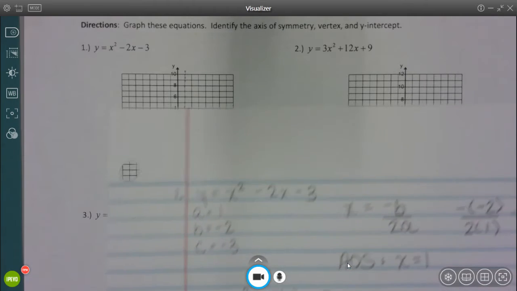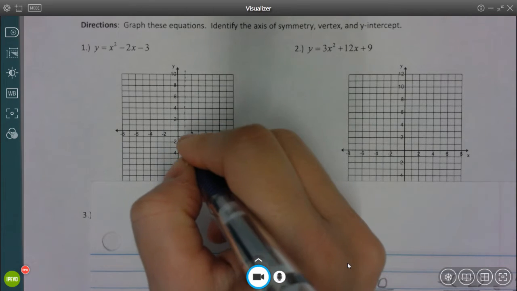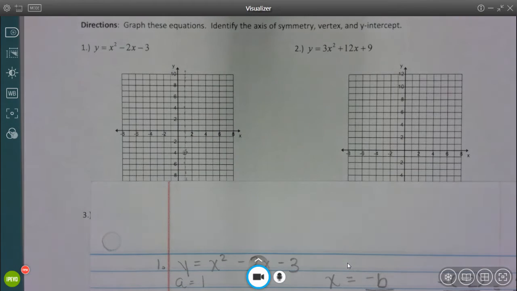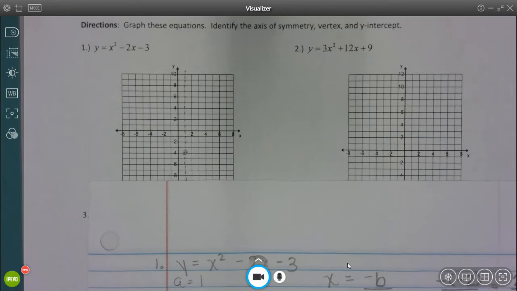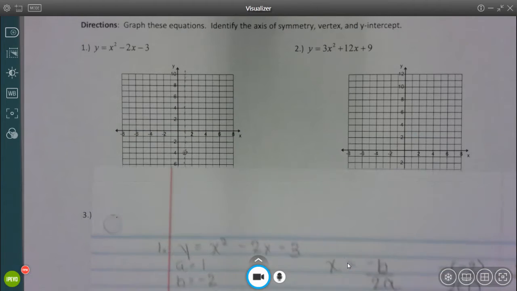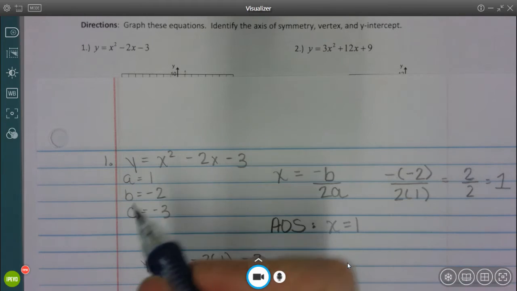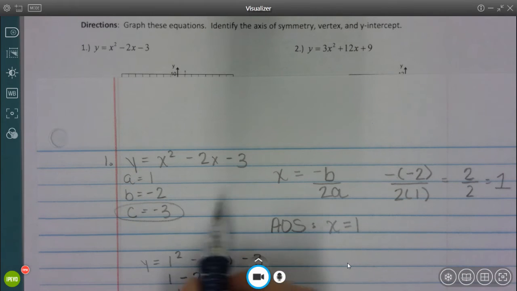So I'm going to come back to my graph. 1, -4 is right there. So another thing that I can find, because of my equation itself, this c value is going to be my y-intercept.